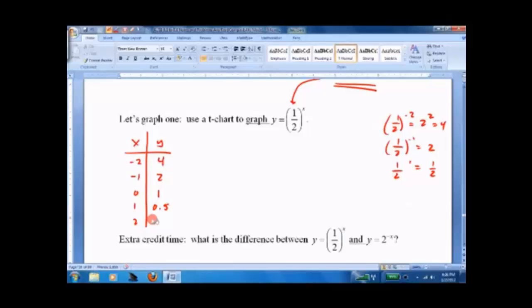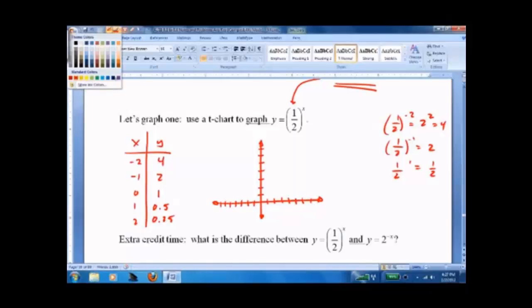And 1/2 squared is 0.25. So, -2, 4, -1, 2, 0, 1, 1, 0.5, 2, 0.25.